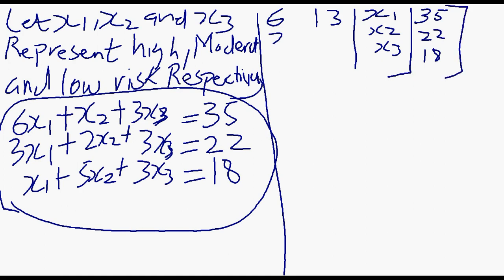So here too will be 3, 2, 3. And then here too will be 1, 5, 3.